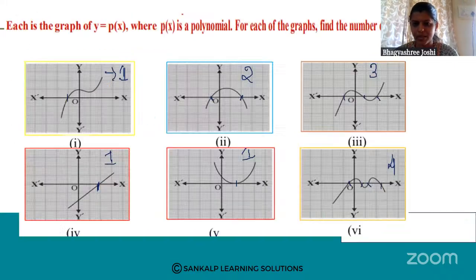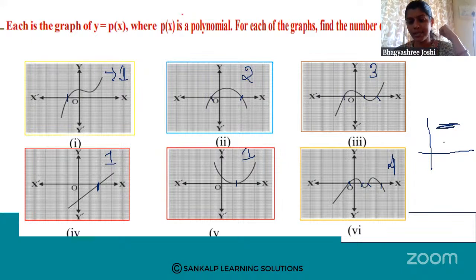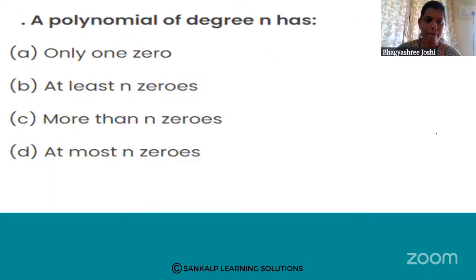If you have a graph like this, it is not intersecting the x-axis at all. It is above the x-axis. Then tell me the number of zeros here. That is 0. It has no zeros, right? Next.